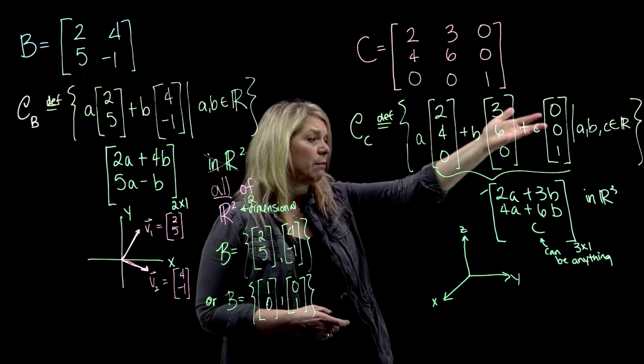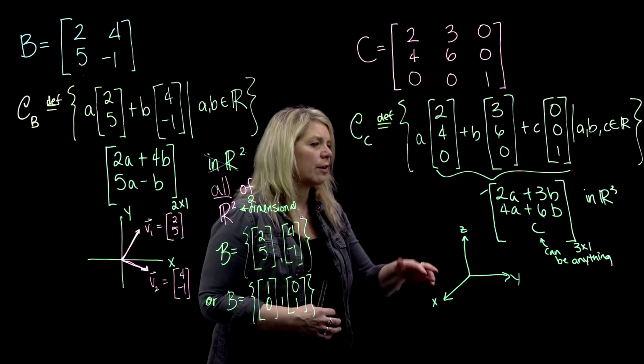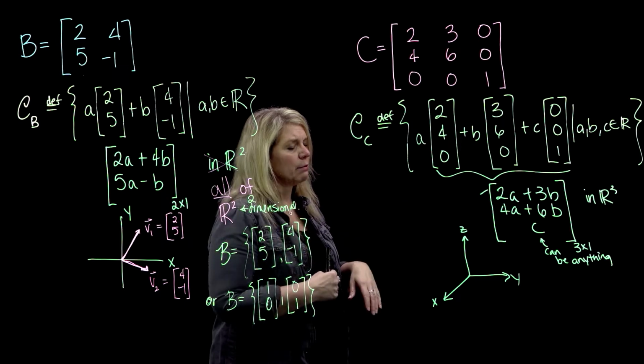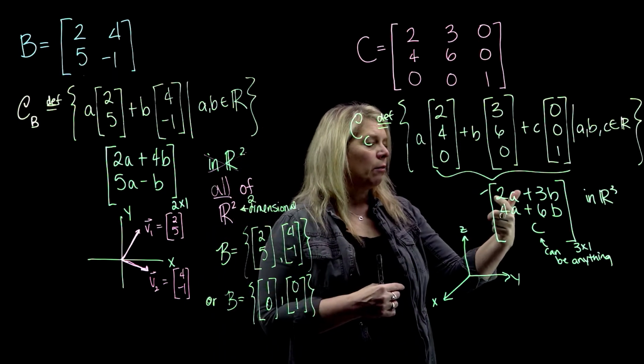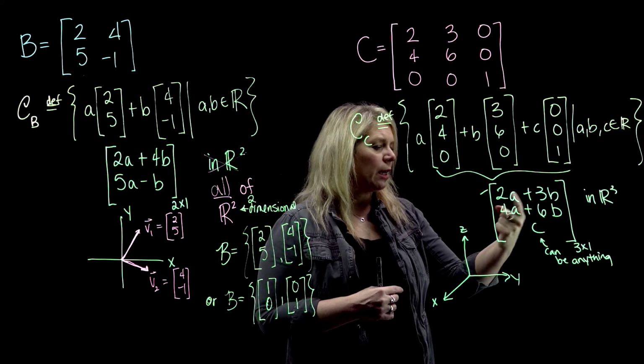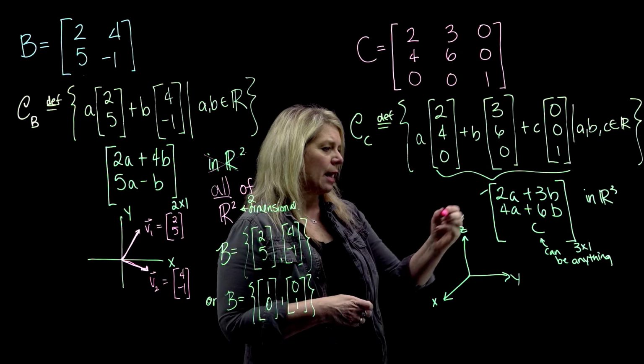Remembering a and b can be any real numbers, whatever you choose for a and b, -16 and 4 or whatever, whatever you get in the first entry, notice that whatever you get in the second entry is going to be twice that.